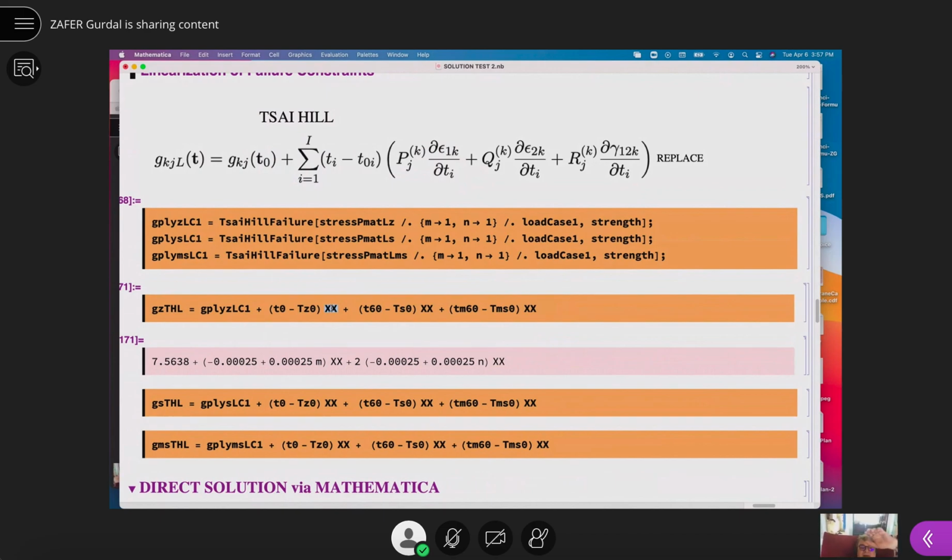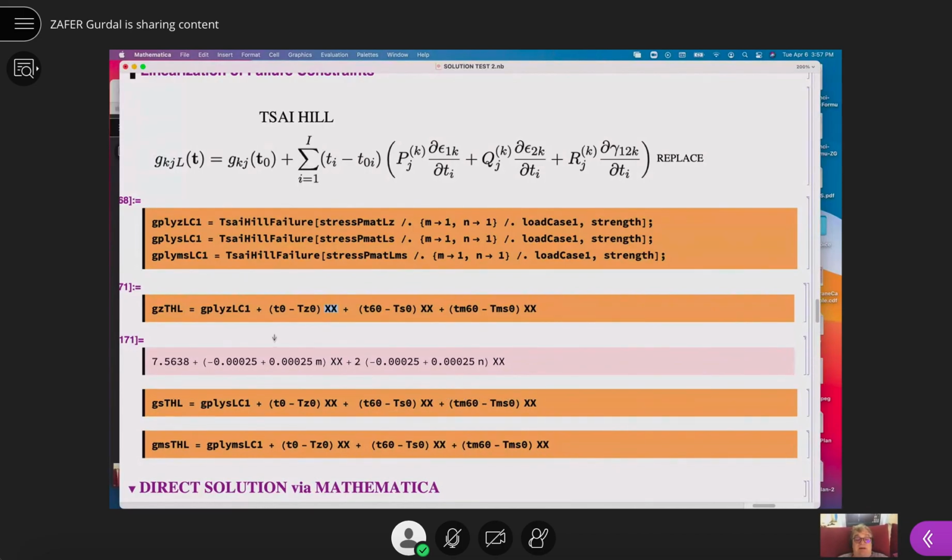Okay. And those are the derivatives of the Psi-Hill numbers with respect to zero-degree ply derivatives and 60-degree ply derivatives.